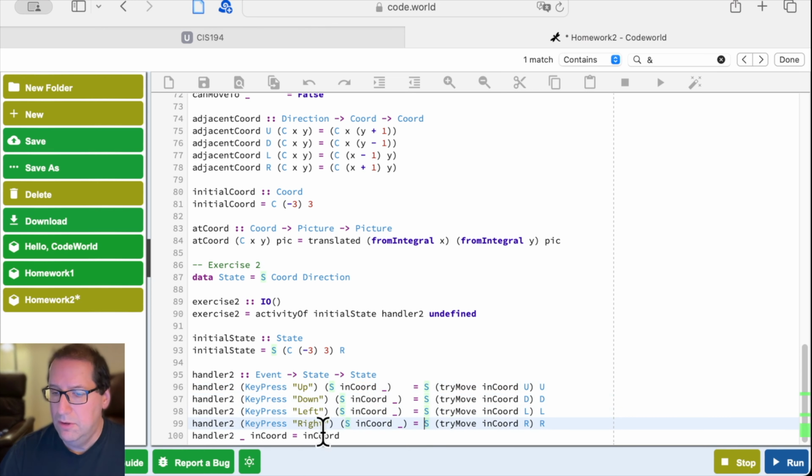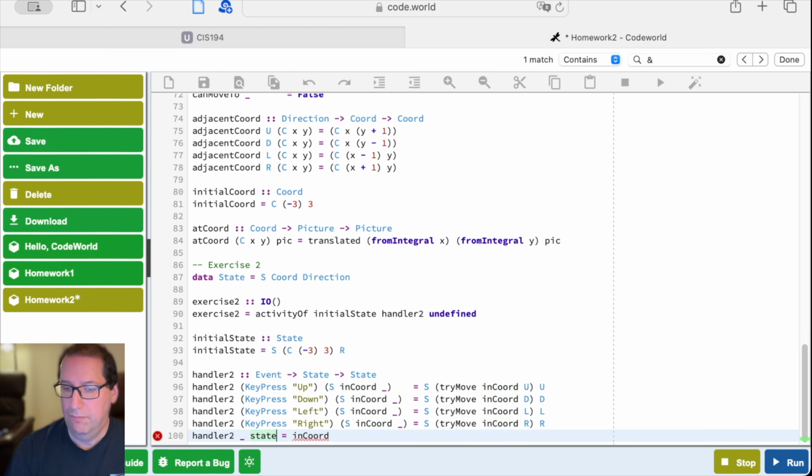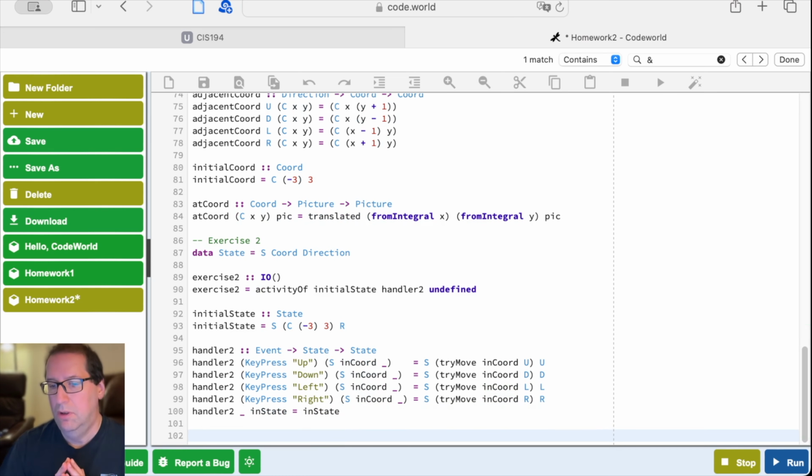Okay, and then for everything else, we just want to return the state. So if I'm right, that is our modified exercise 2 event handler.